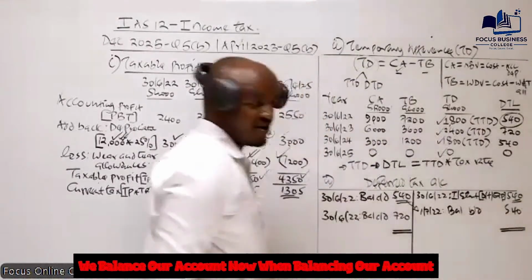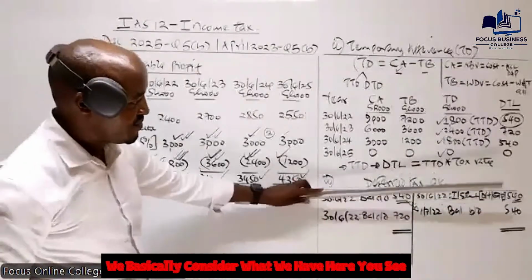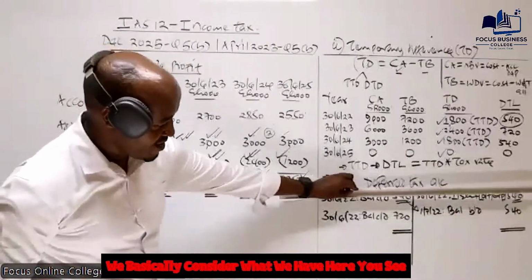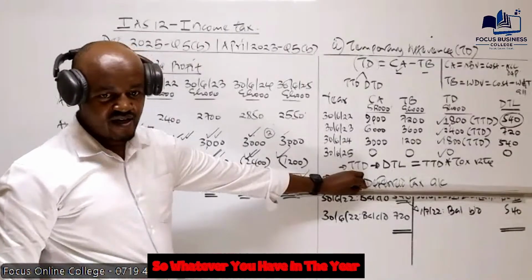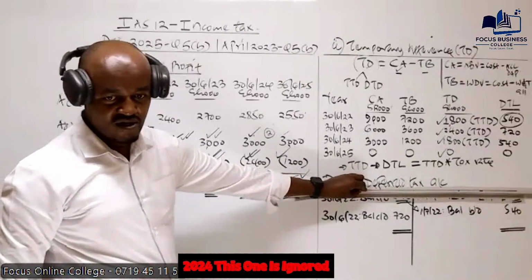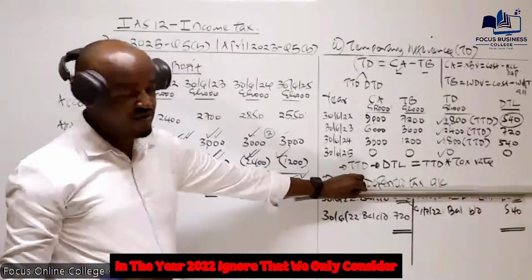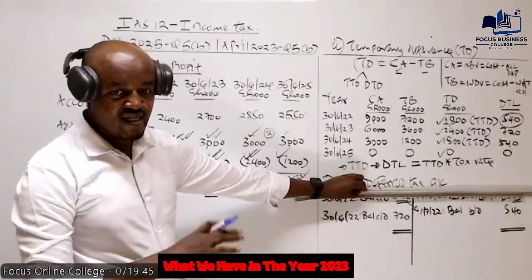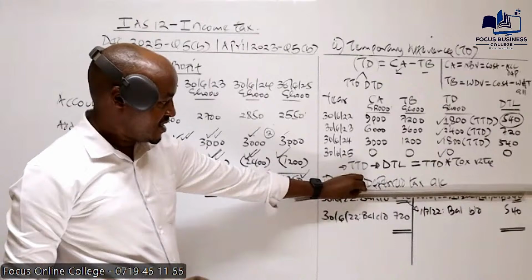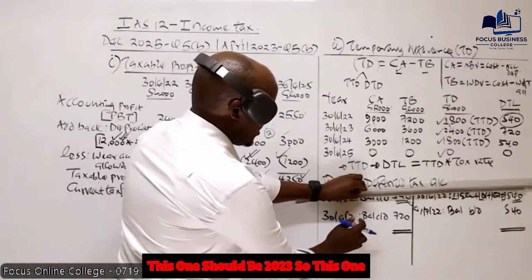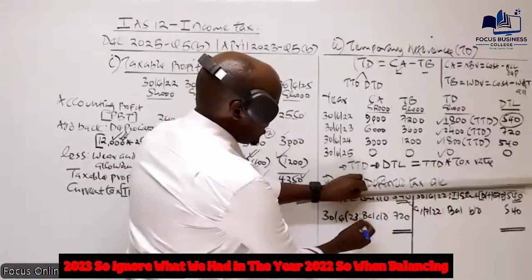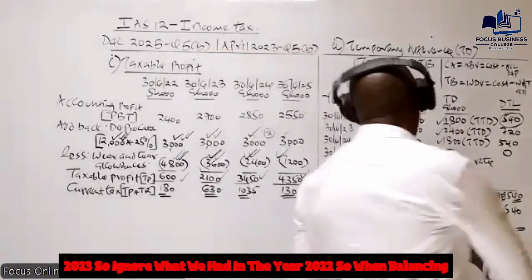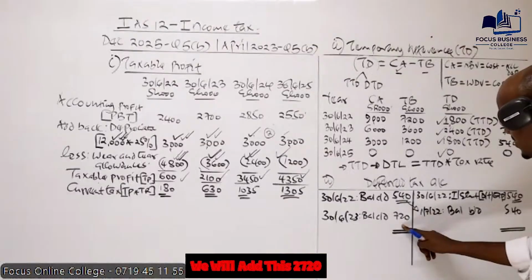When balancing our account, we basically consider what we have in the year 2023. Whatever you have in the year 2024 is ignored, and the year 2022 is ignored. We only consider what we have in the year 2023. So when balancing, we will add this, which is 720, and this.